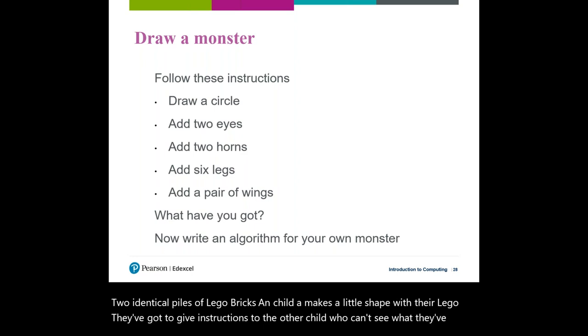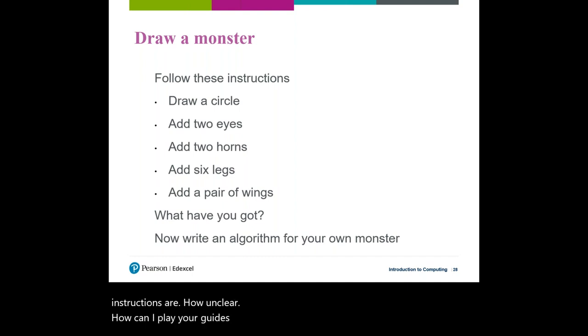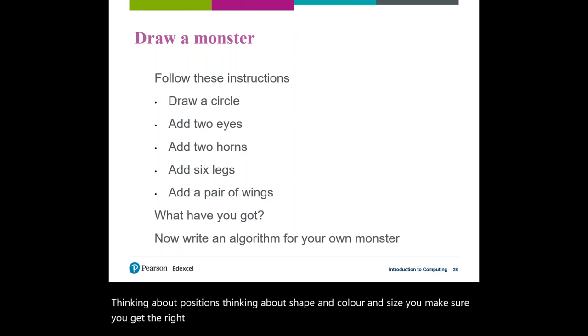So again, you've got to think about how specific your instructions are, how clear your guides are. Are you telling me exactly where to put it? Thinking about positions, thinking about shape and color and size. You make sure you get the right blocks. There are some interesting descriptive skills there. It's valid computational thinking. It's nowhere near a computer, but it's just fun things to do where you're getting them to think about giving instructions to somebody else.